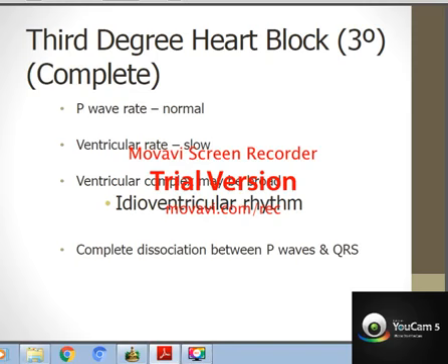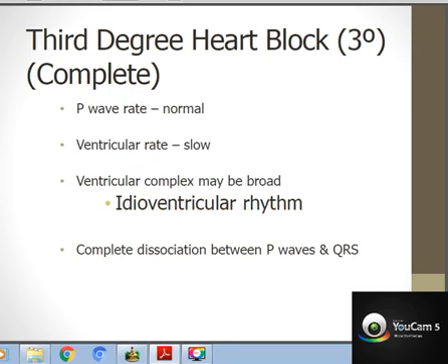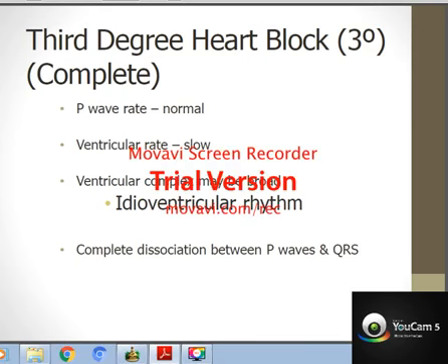P wave rate normal, ventricular rate slow, ventricular complex may be broad, idioventricular. So you can see the QRS complex will be broad. The atrium will be functioning in its own way and the ventricles will be functioning in their own way.